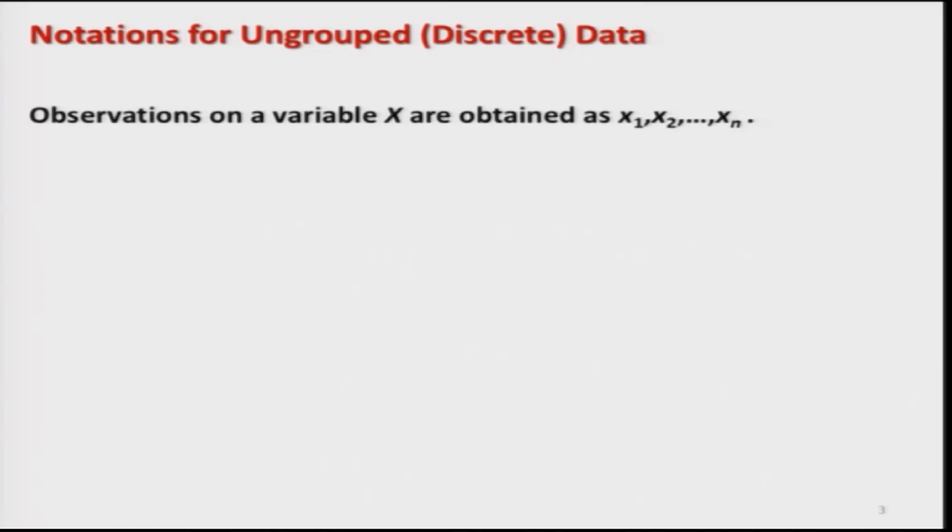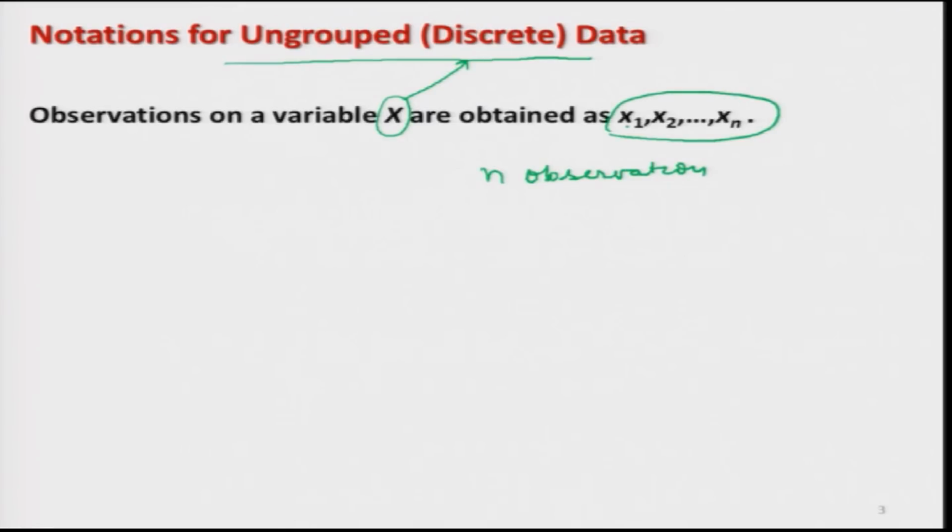Before going into the further details, let me specify my notation for grouped and ungrouped data. Now, I am going to consider two cases. Case 1, where the data is ungrouped and the variable x is discrete, and we have obtained n observations on x, which are denoted as small x1, small x2, small xn.